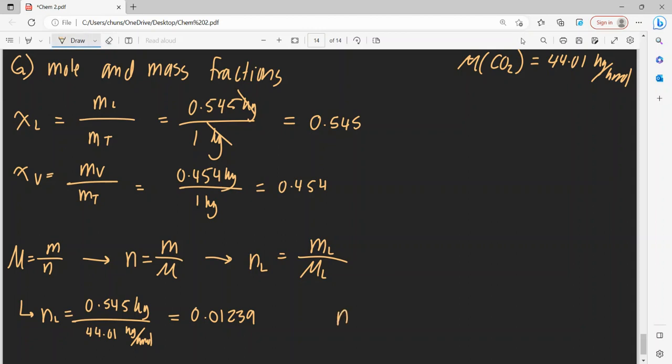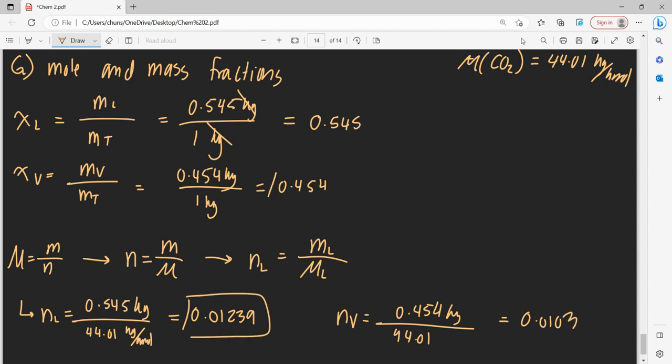And for our vapor phase, we'll have 0.454 kilograms over 44.01, which equals 0.0103. Those are our final answers.